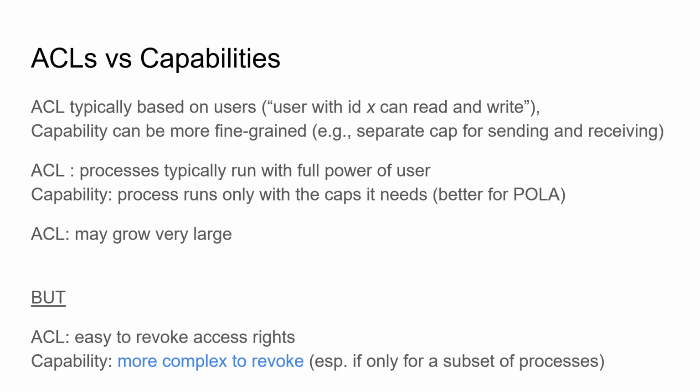An access control list is so centered on the users that typically, whenever you have a process, the process runs with the full power of the user, right? That means that everything the user can do, that process can also do. And that, of course, is not necessarily adhering to the principle of least authority, because now you can do much more than you perhaps strictly need to be able to do.